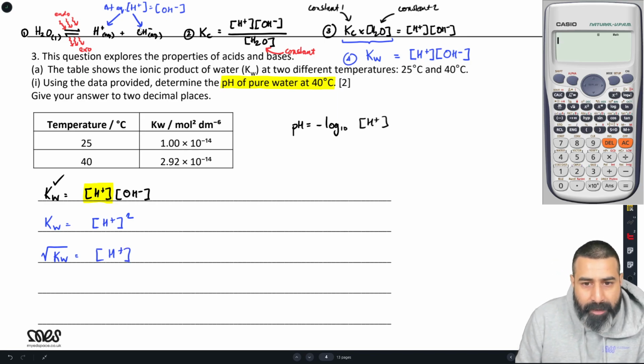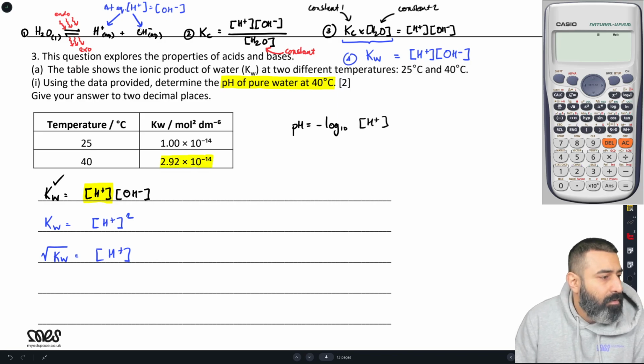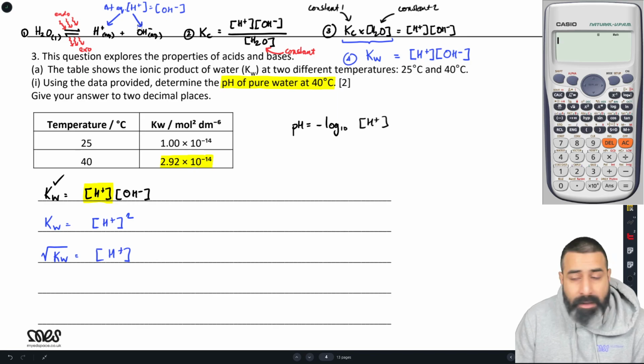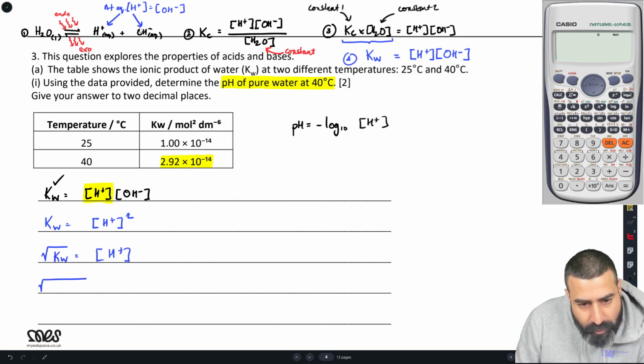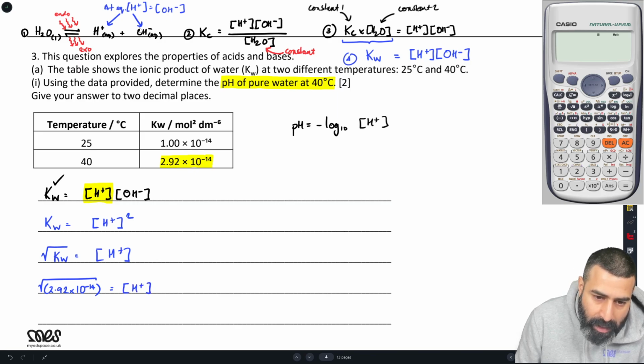So where do we go from there? Kw is given to me. It's in the question, okay? So this is the square root of 2.92 times 10 to the minus 14, and all of that equals H plus.